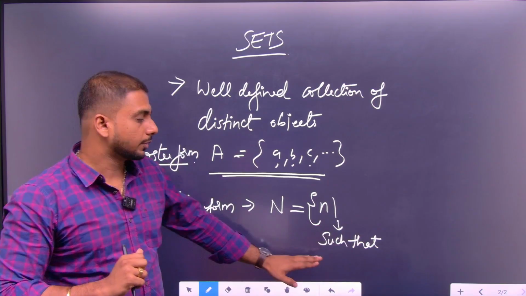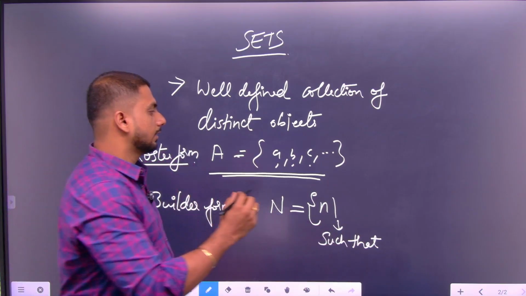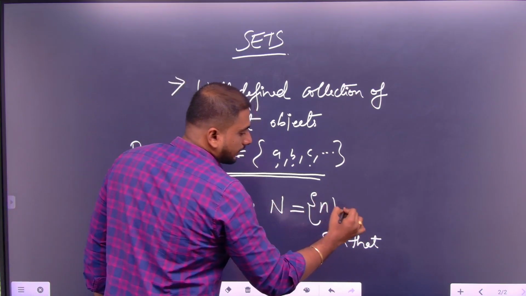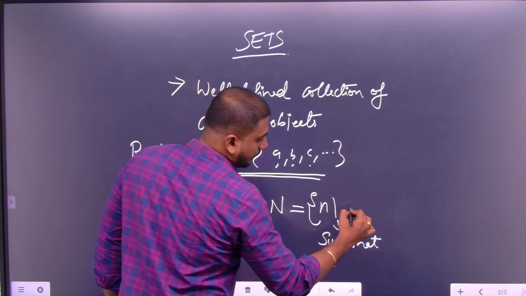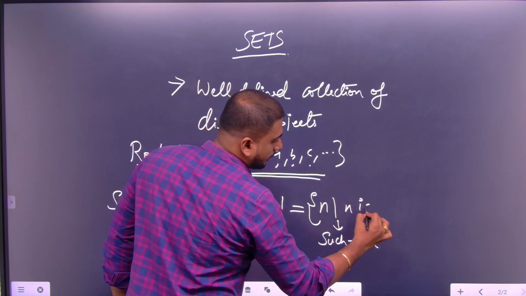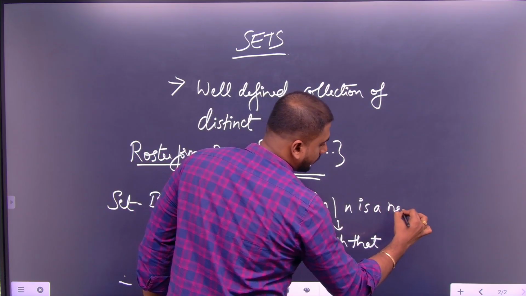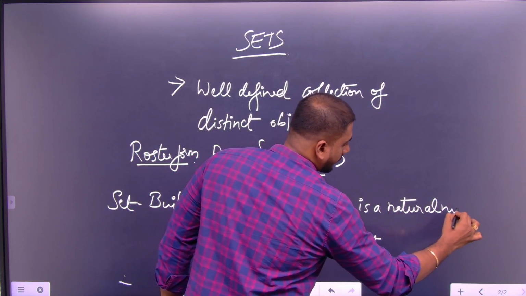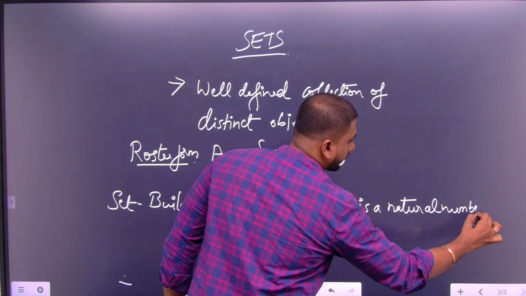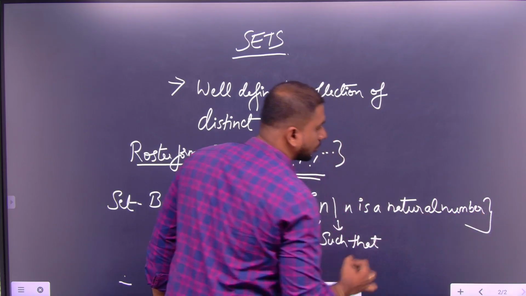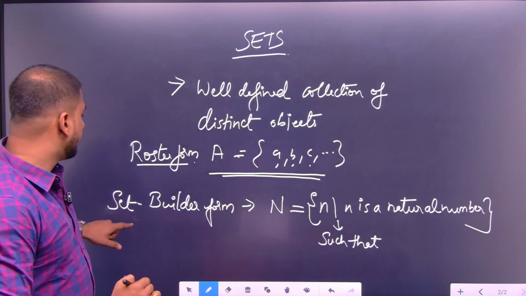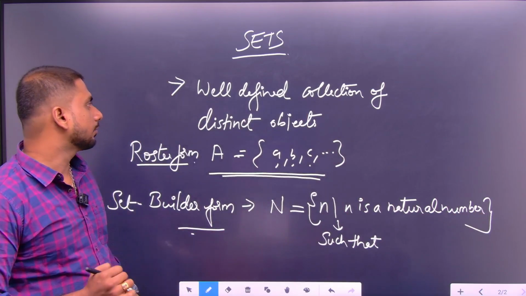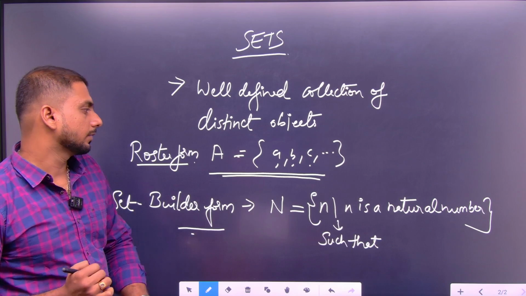So, n such that n is a natural number. This is how a builder form is written for any set.